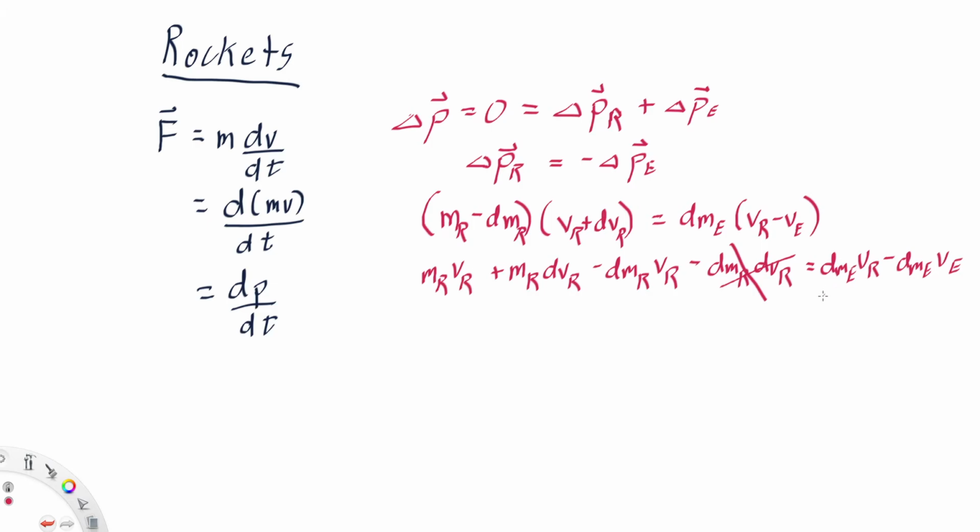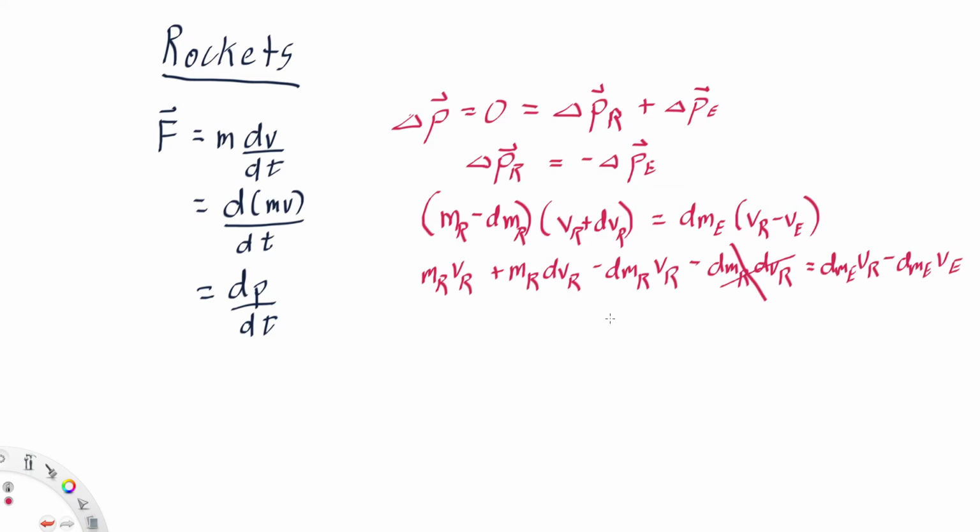We're also going to note that the small mass of the exhaust and the amount that the rocket mass changes by moment to moment, those are the same. So the mass gained by the exhaust is the same as the mass lost by the rocket.